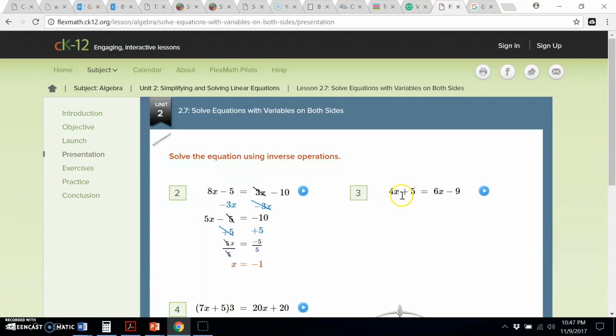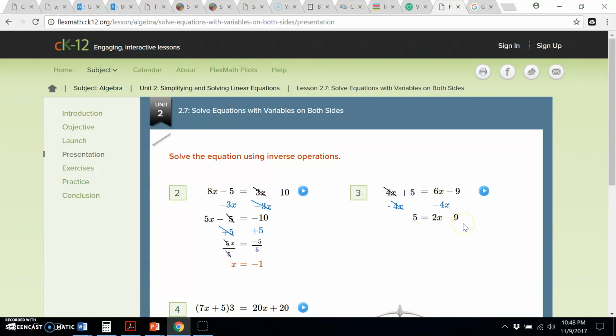And it is a positive, so I know I'm going to subtract that 4x from both sides to cancel it out. All right, once I do that, the 4s cancel out, and I'm left with the 5. Bring that plus 5 down, and then 6x minus 4x is 2x. Then bring that minus 9 down. All right, so I have 5 equals 2x minus 9.